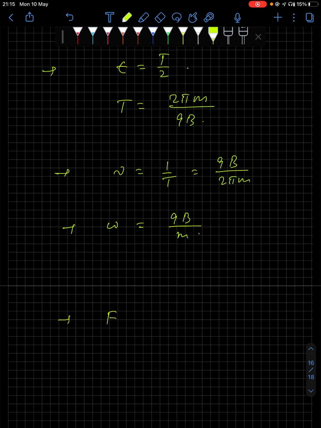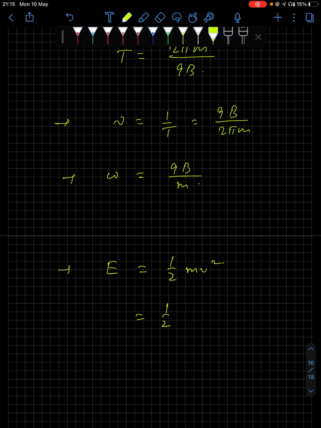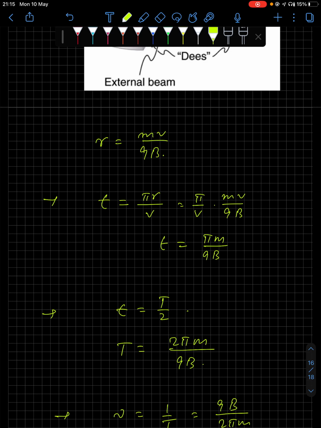And lastly, we have the energy gained by the charged particle, the positive charge. That is equal to half mv square. What is the relation for v? From equation number 1, v is equal to qBr divided by m. Let this be equation number 1.